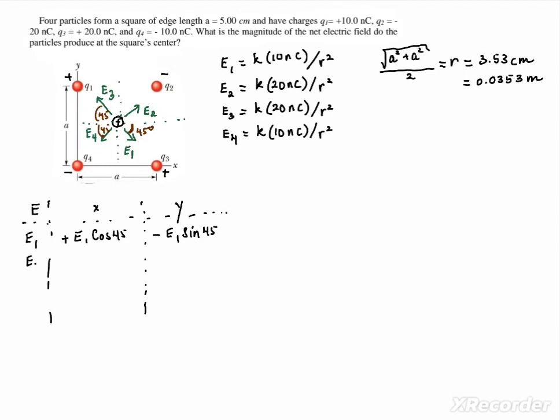And going down to E2, E2 is in the first quadrant, so both X and Y are positive. So we have positive E2 cosine of 45, positive E2 sine of 45. It is to note that sine 45 is equal to cosine 45.